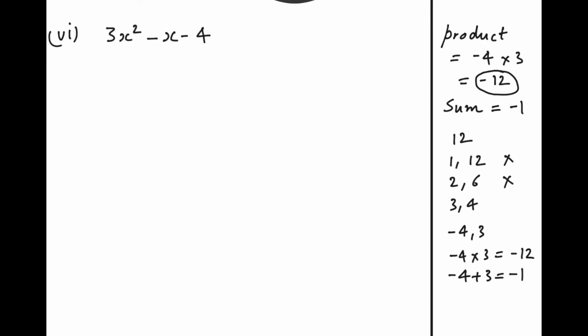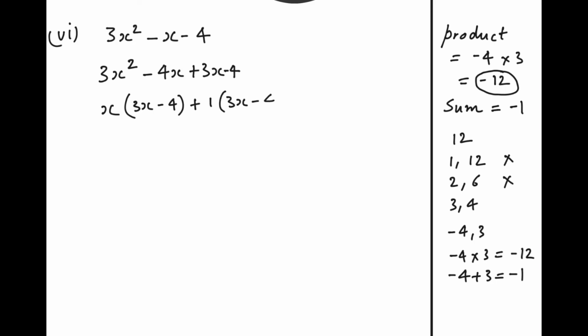So going back to this quadratic polynomial expression, we'll split the middle term, which is minus x, into minus 4x plus 3x minus 4. In this we have just x as common, so inside we'll have 3x minus 4, and here we'll take 1 as common, and inside we'll have 3x minus 4. So this expression would become x plus 1 into 3x minus 4.